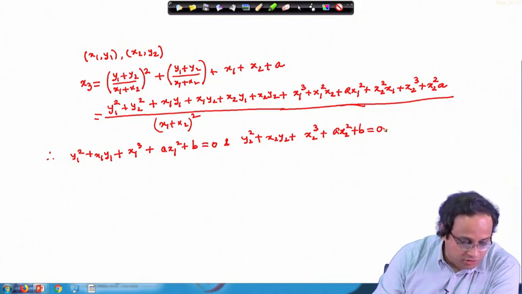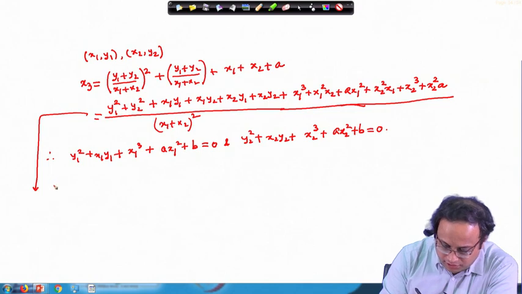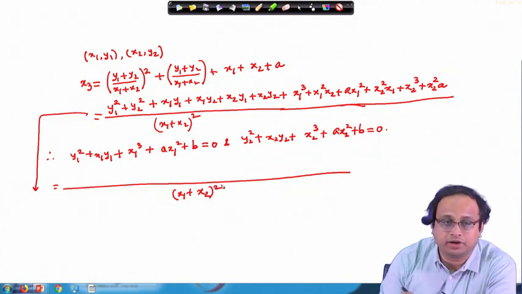So, if I write here and arrange the terms, I keep the denominator as x1 plus x2 whole square.